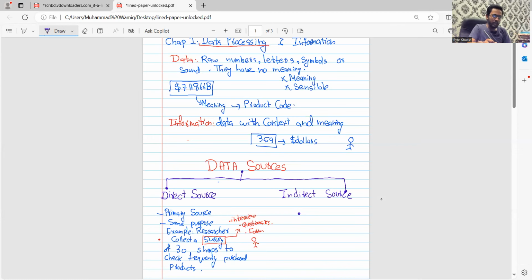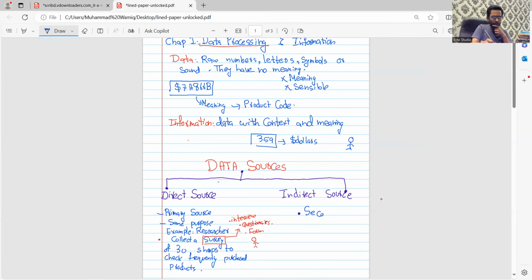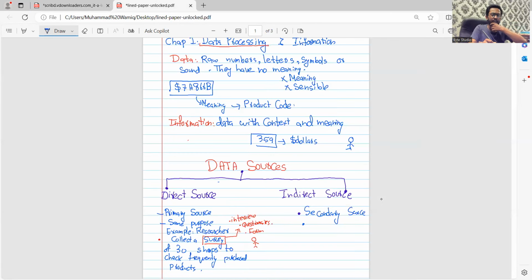Direct sources, indirect sources. They are being collected from a secondary source. And one more thing is that that data might already exist.